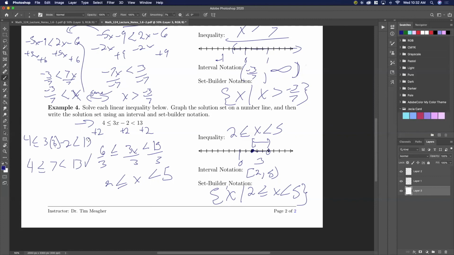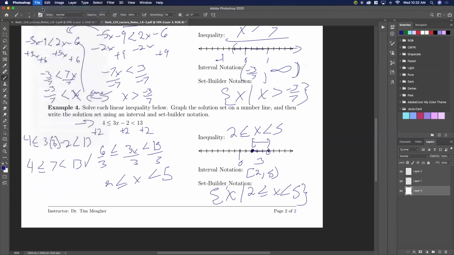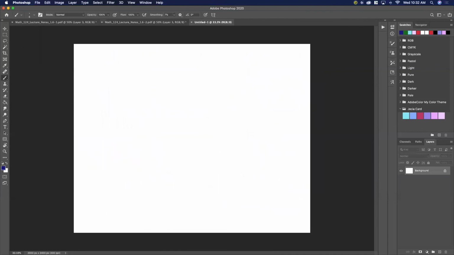Let me have you guys try one more, and then I'll do it with you. Let me just open a new page, new file. I want you to do at least one more. Just a blank sheet. I'll make one up.